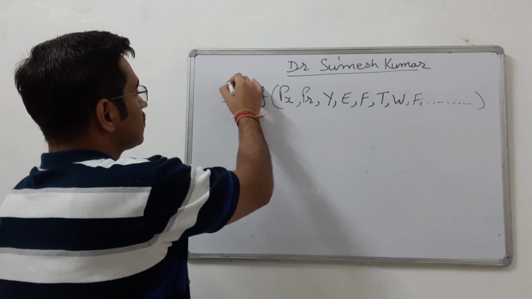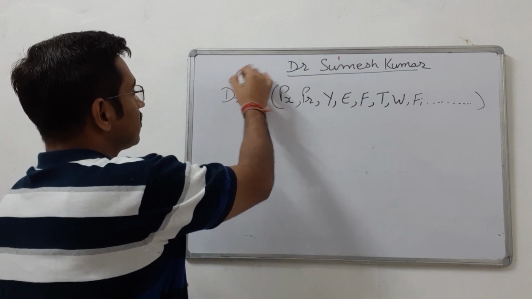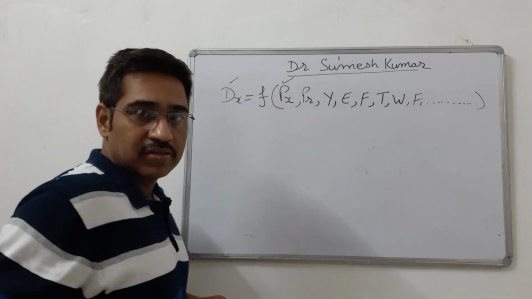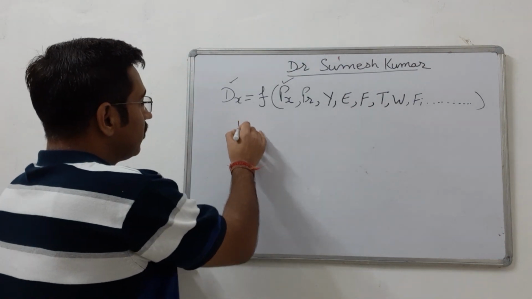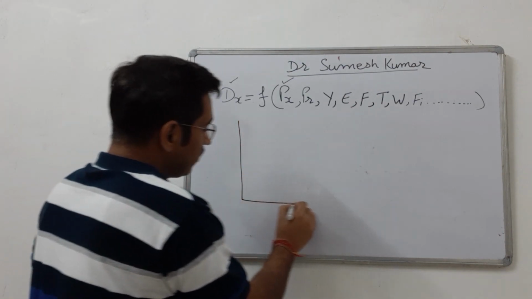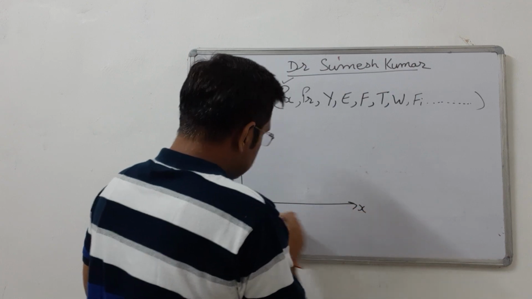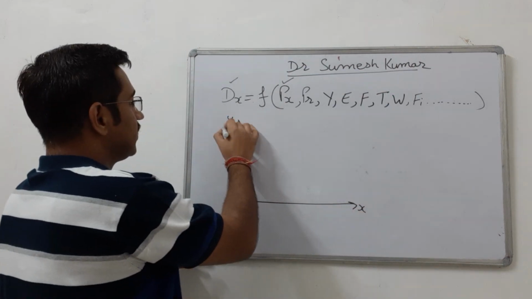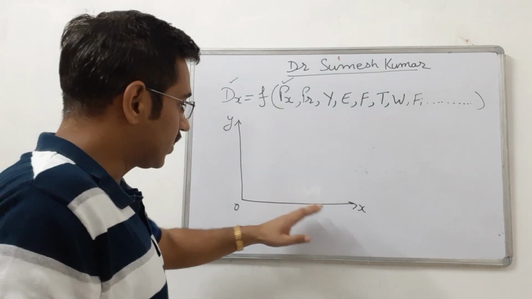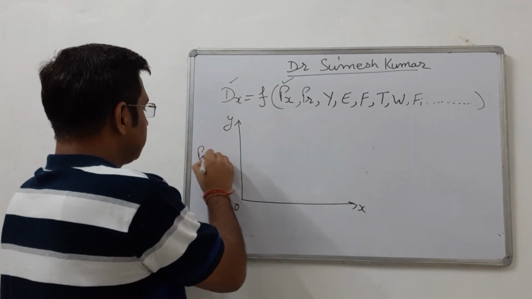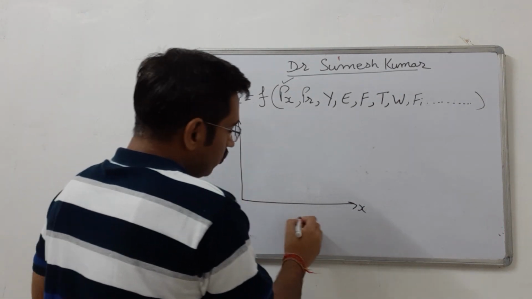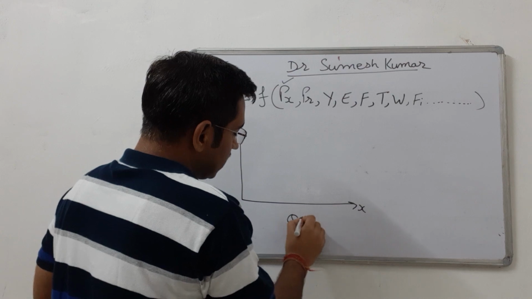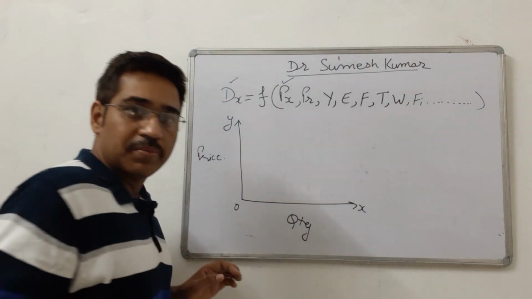First of all, we will study the relationship between demand for X commodity and its price. Demand and price of any commodity are inversely related. On the OY axis we take price and on the OX axis we take quantity or demand.